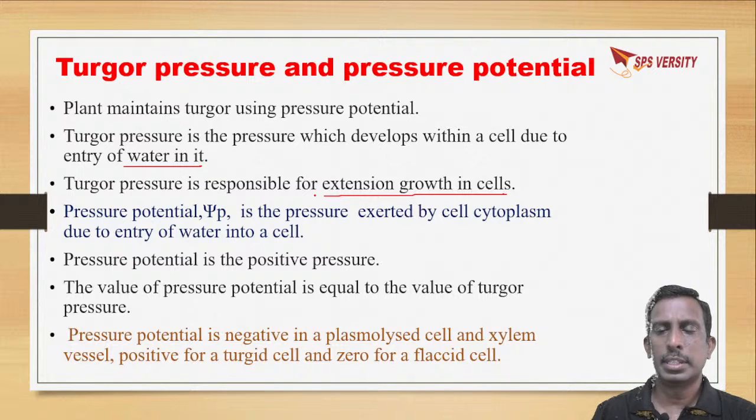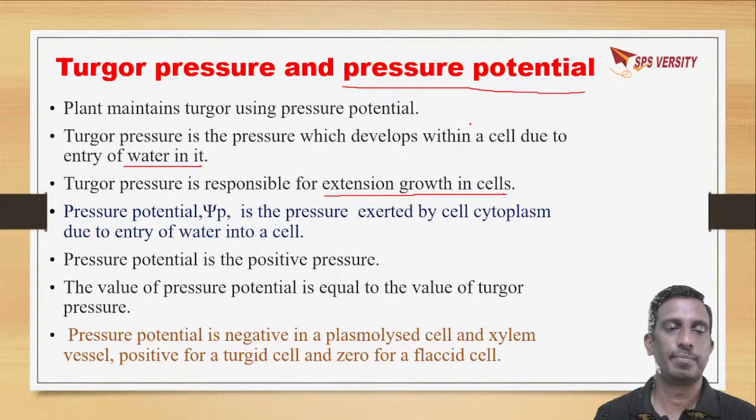So अभी तक हमने डिस्कस किया solute potential और osmotic potential और turgor pressure and wall pressure. अभी हम डिस्कस करेंगे pressure potential के बारे में. So pressure potential is the pressure exerted by cytoplasm of the cell due to entry of water.